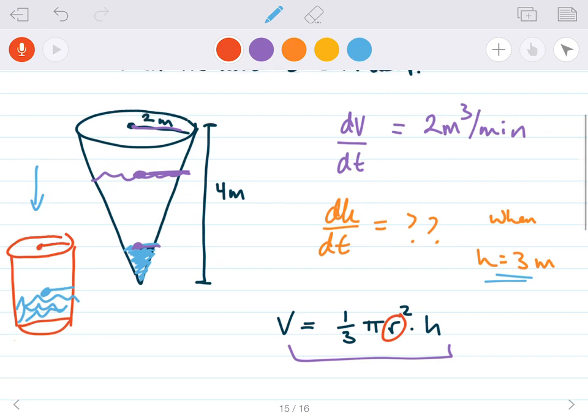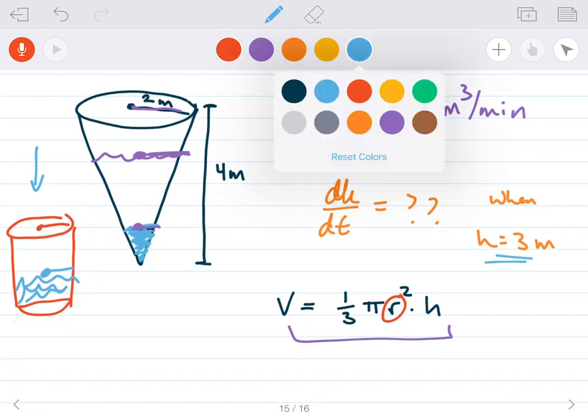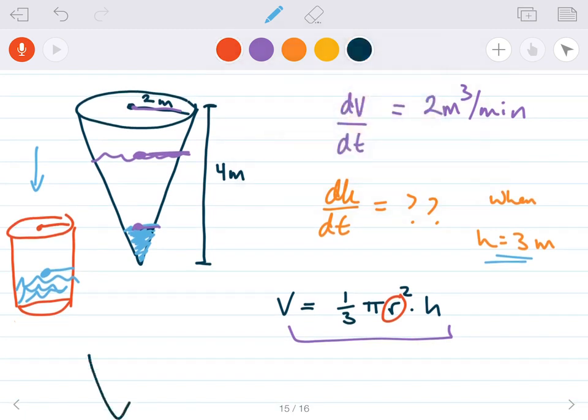So in geometry, maybe I'll draw it up here. So here's our big cone right here. So this is our radius of 2, and it has a height of 4. And the relationship between these two quantities is going to be the same as the relationship between the height at this time and the radius.